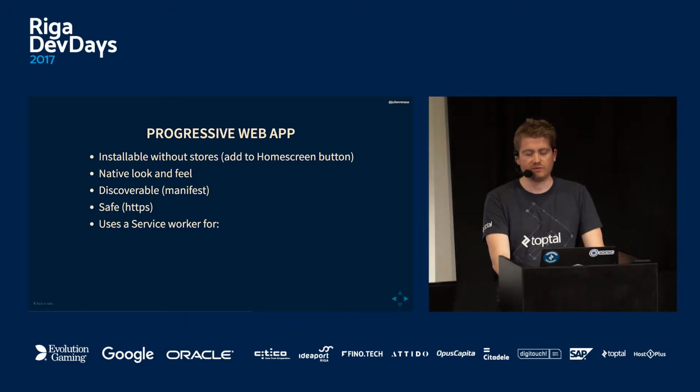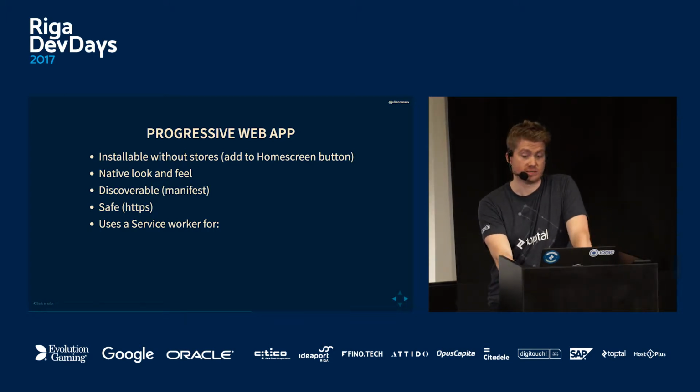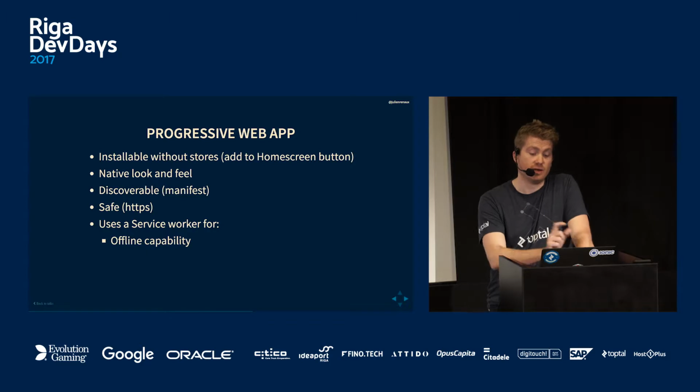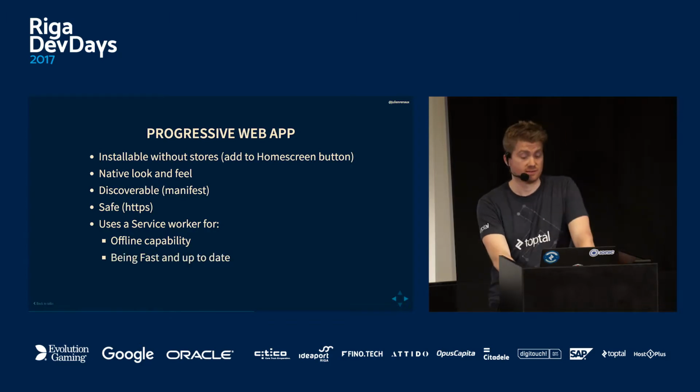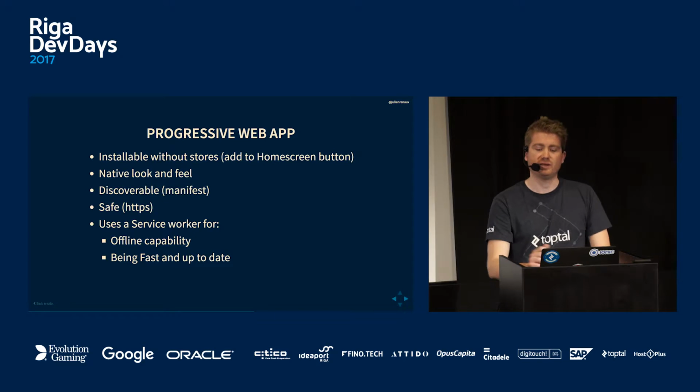We can therefore leverage offline capability with network and asset caching. We can also prefetch assets ahead of the user to have a fast bootload and also to keep the app up to date when we release a new version. And to finish, we can re-engage users via web push notifications.